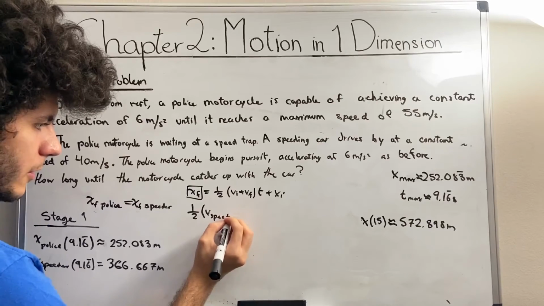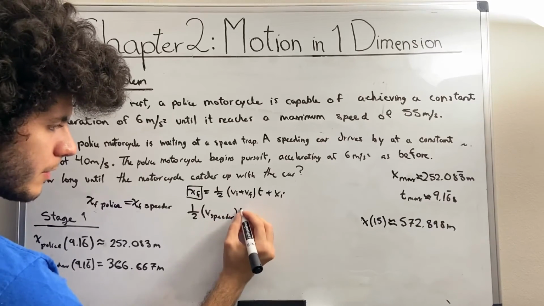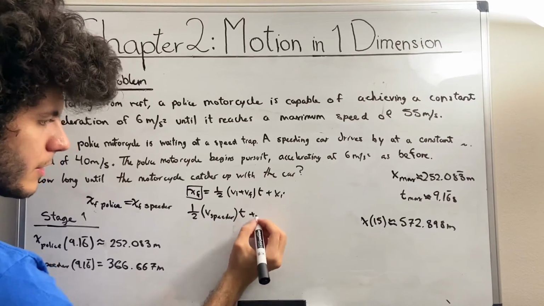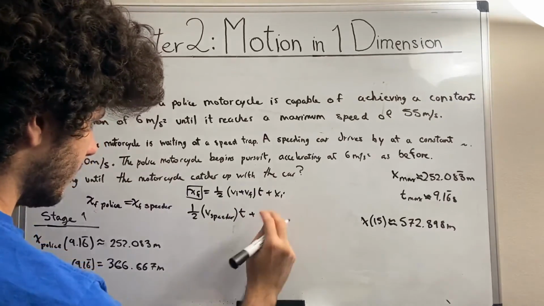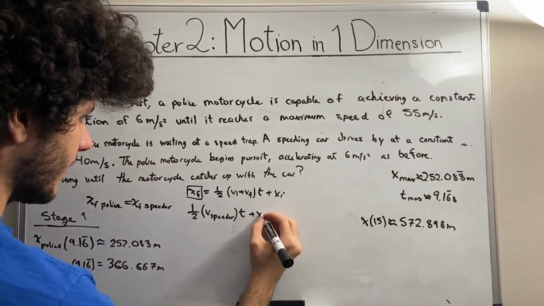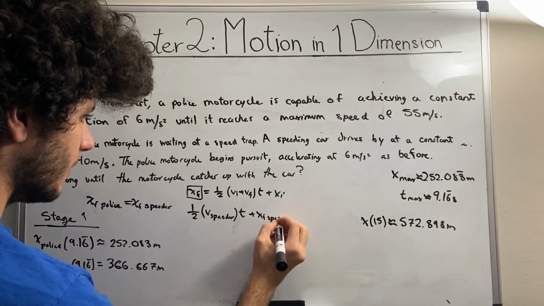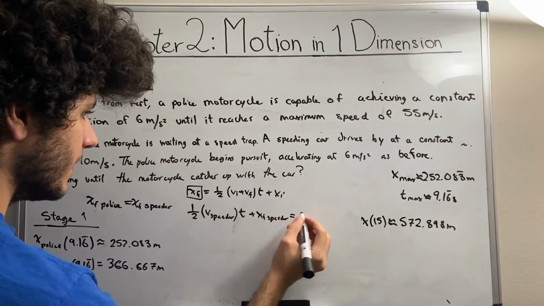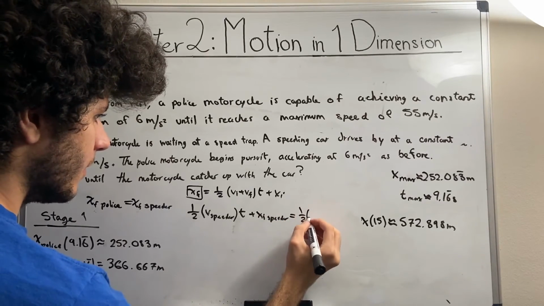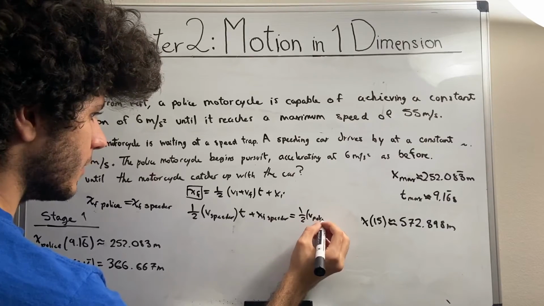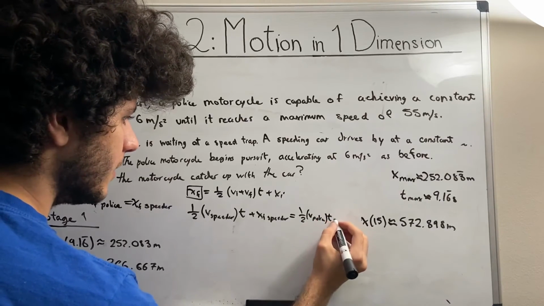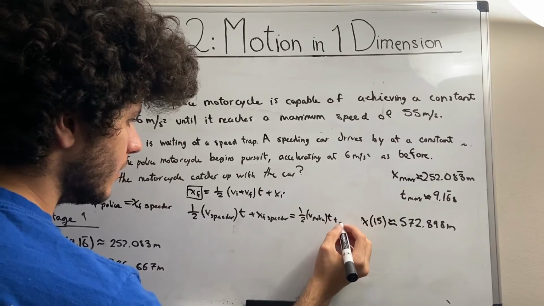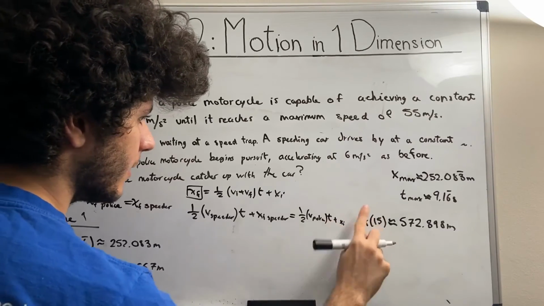If we set those equal to each other, we're going to have this: V of the speeder times T plus XI speeder is equal to 1/2 times V of police times T plus the XI.